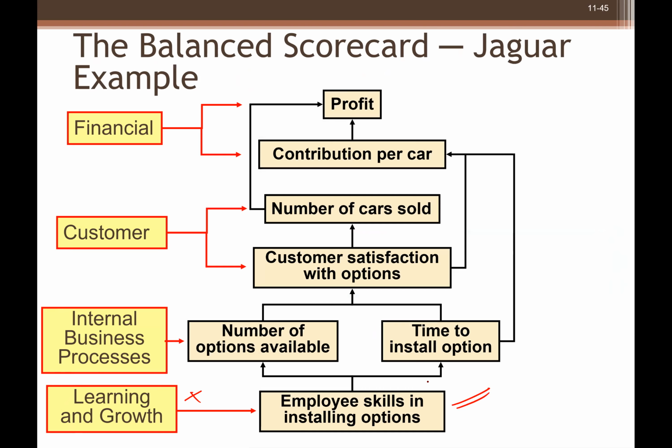So those skilled persons are going to be delivering the goods on time to the customer, which means time to install and number of options available are going to be increased, which means internal business process is going to be improved, right? And in that case, when the customer receives the goods on time, customer satisfaction is going to be increased, customer number is going to be increased, and when customer number is increased, it means financial measures are also going to be increased, right?